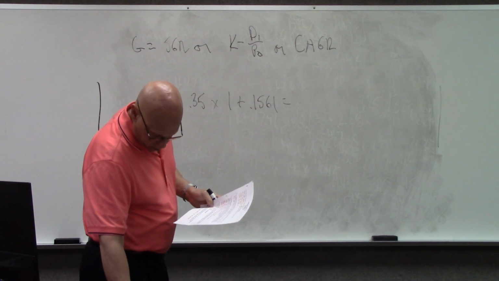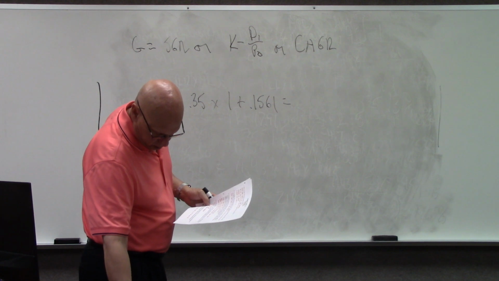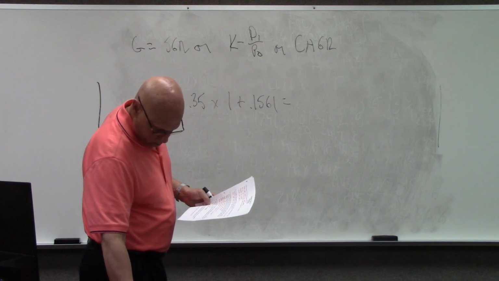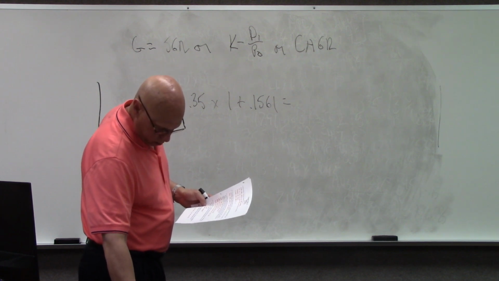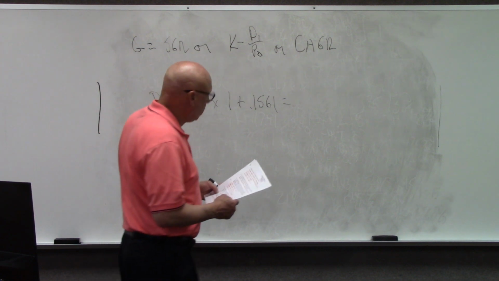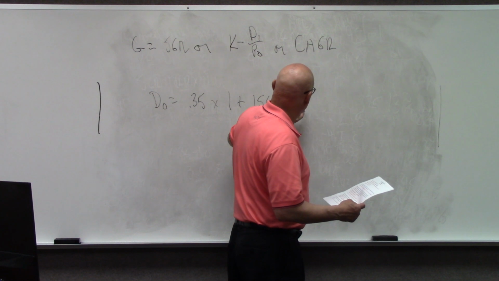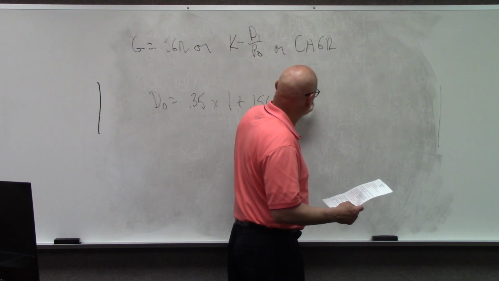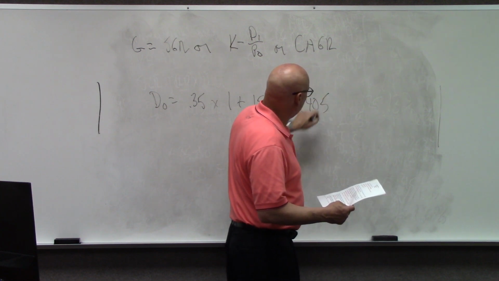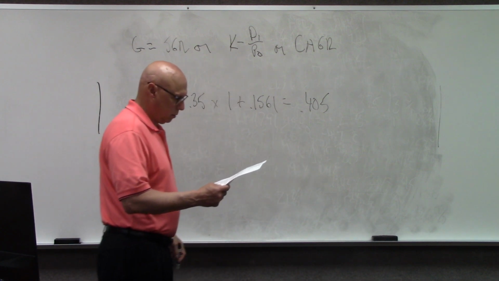So 0.35 times 1.1561 is 40.46 cents. We'll round up a little bit, 40.5 cents.